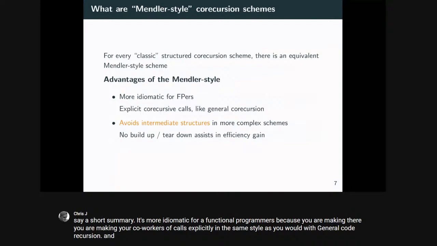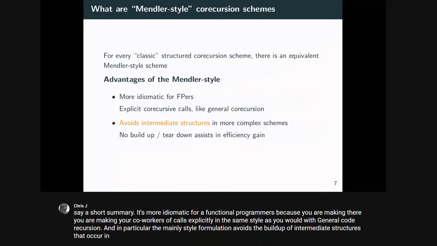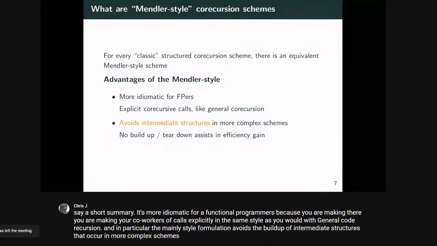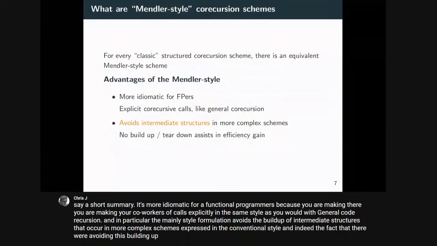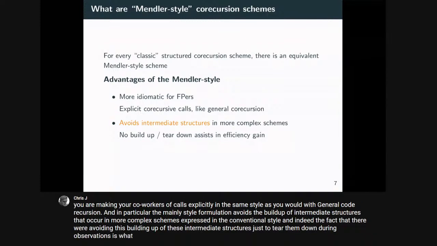And in particular, the Mendler style formulation avoids the buildup of intermediate structures that occur in more complex schemes expressed in the conventional style. And indeed, the fact that they avoid building up these intermediate structures just to tear them down during observations is what assists us in the efficiency gain.